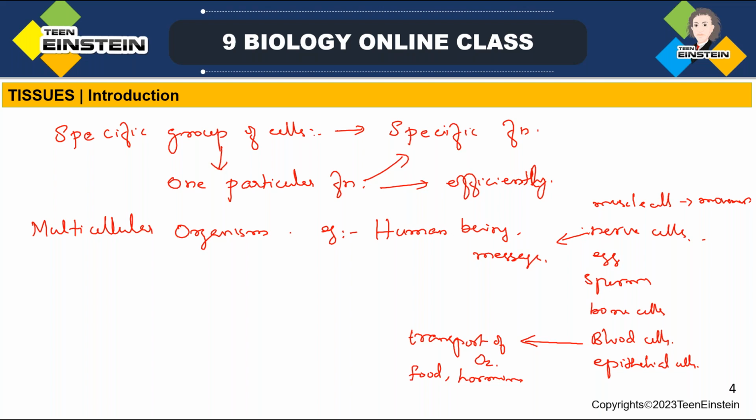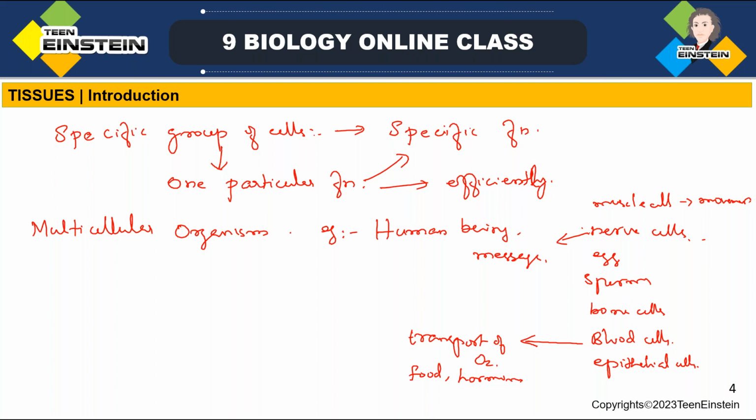Even the muscle cells are helping for cardiac movement also. Cardiac muscles are helping for the movement of that part, right? So each and every movement is with the help of muscle cells. Then bones, which are giving strength and structural shape to our body, are also composed of different cells.